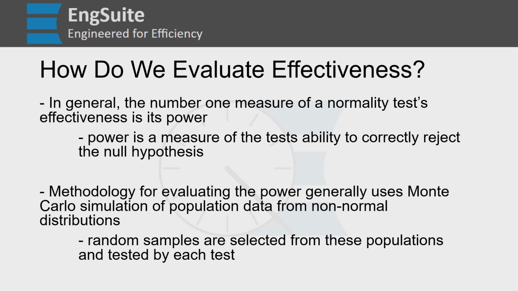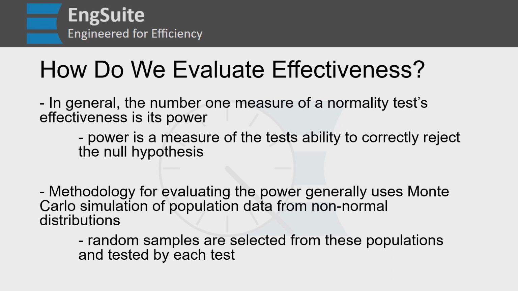And then it was pulled at different sample sizes, 10, 20, 25, 30, 50, 100, 200, 500, 1,000, 2,000 to give kind of an overarching view of what happens at different sample sizes.